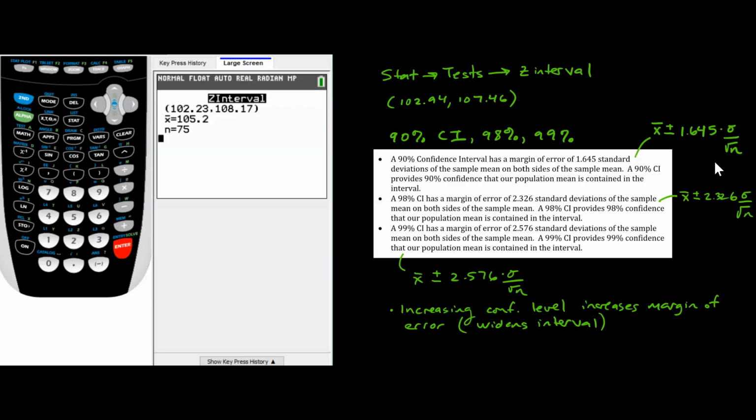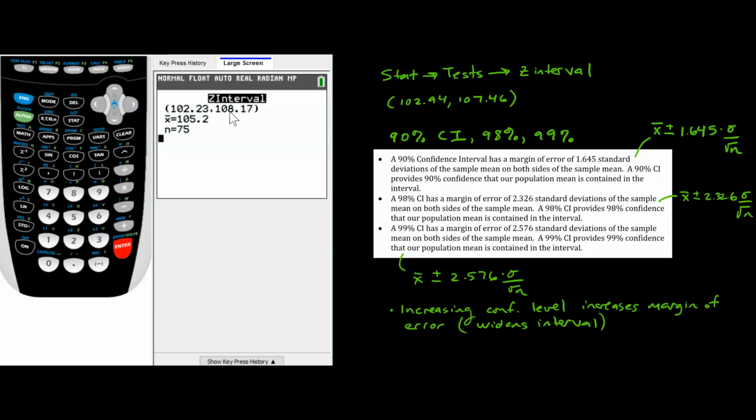But you don't need to worry about that, because a margin of error is simply the difference between one endpoint of your confidence interval and your point estimate. Or you could look at the total distance between one endpoint of your interval and the other endpoint of the interval, and then divide by 2.